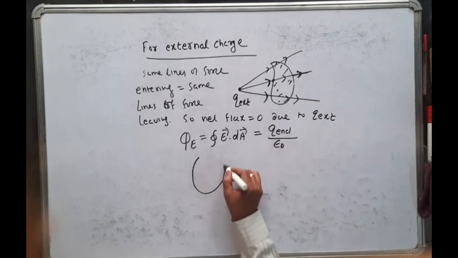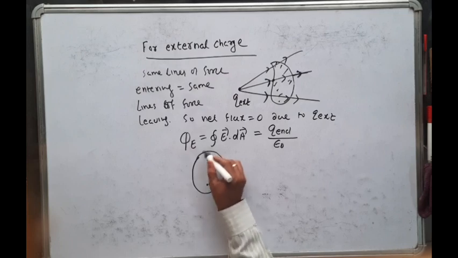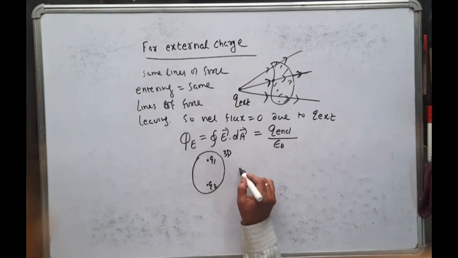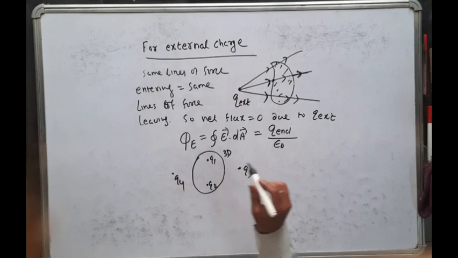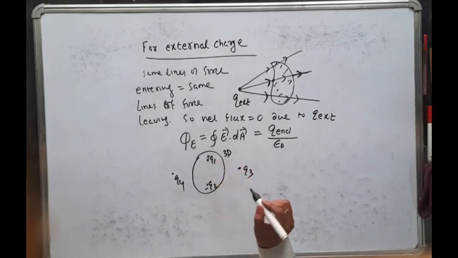Suppose there are two charges, Q1 and Q2, in this closed surface. This is a 3D closed surface, and there are external charges Q3 and Q4. So according to Gauss law, suppose this is your positive charge and this is your negative charge.